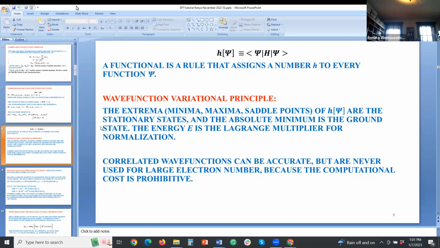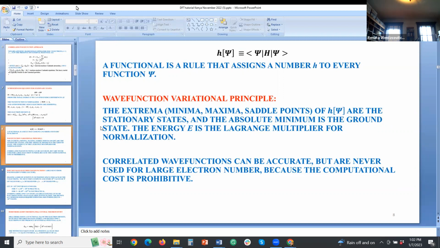The extrema could be minima, they could be maxima, they could be saddle points. They're places where the first derivative is zero. The absolute minimum of this energy functional is the ground state. That's achieved by the ground state wave function and the ground state energy.